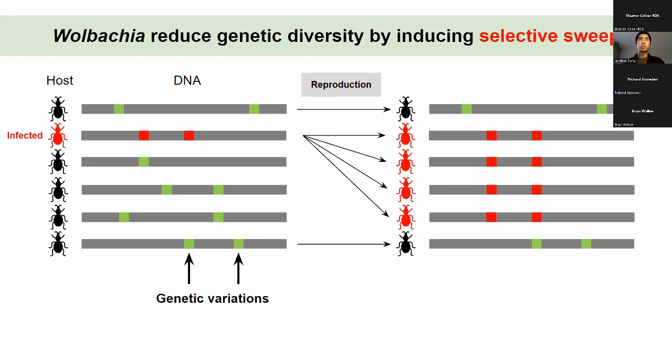And then those infected individuals will be dominant in the next generations. And this process can happen very quickly. So that's why we call it a sweep.